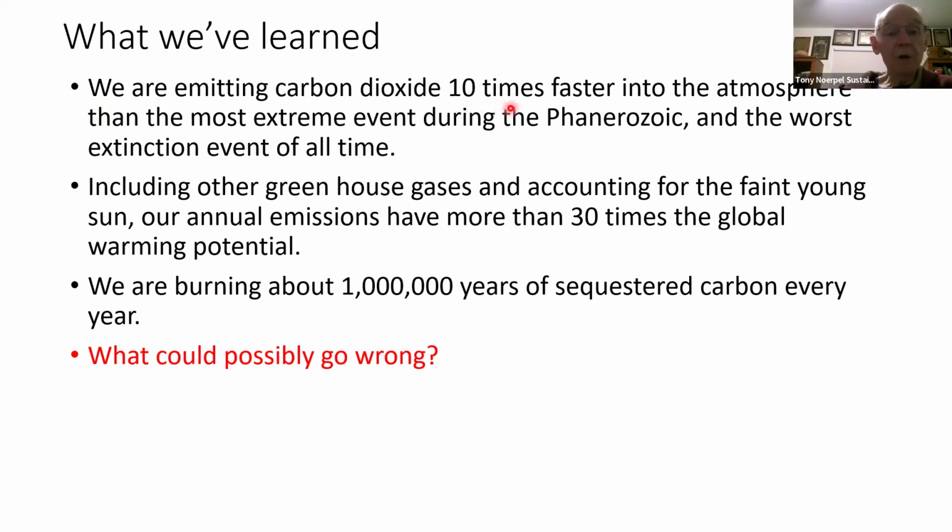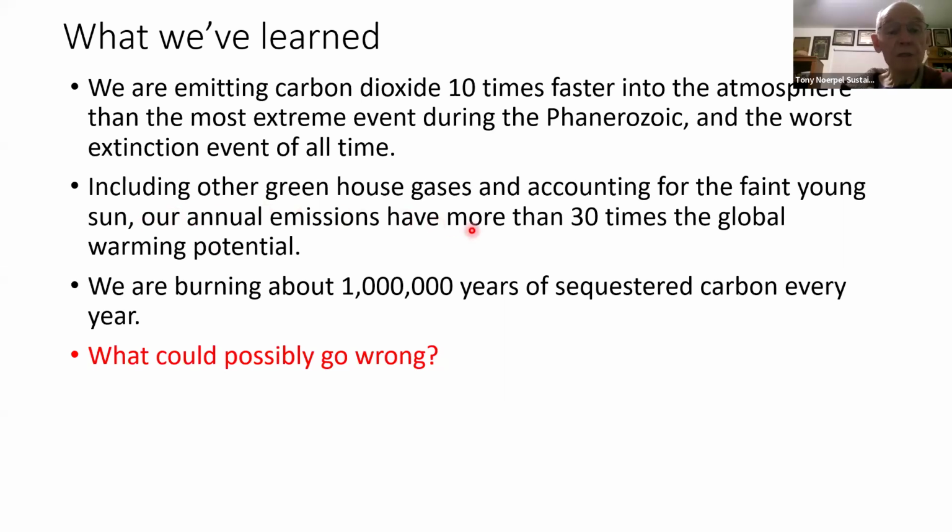So we are emitting carbon dioxide 10 times faster into the atmosphere than the most extreme event during the Phanerozoic, and that was the greatest extinction event of all time. That's the end Permian extinction 252 million years ago. Including other greenhouse gases and accounting for the faint young sun, the sun is gradually getting brighter, so you needed more carbon dioxide in the atmosphere at the time.